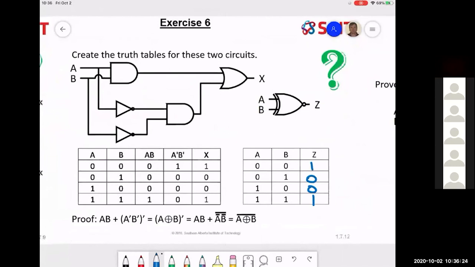To me that is my proof. But I can also do another proof this way. What I've got here is A, B, ORed, exclusive ORed, and then inverted.